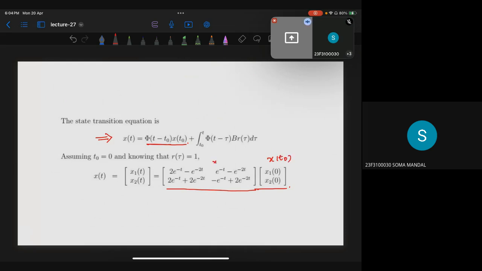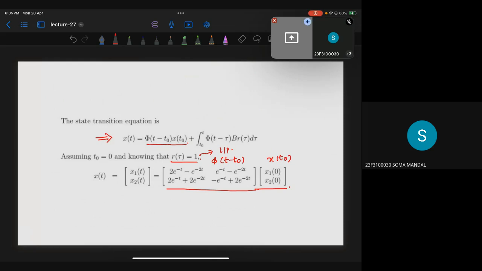This is the first step. Is this term clear? Why is r of tau 1 here? Because it is given in the problem as the input. Is this clear?